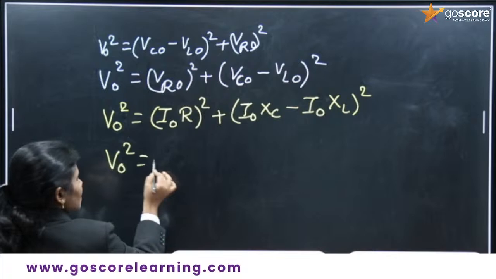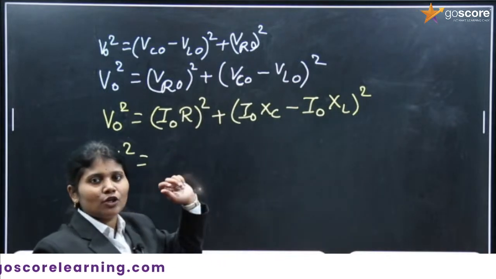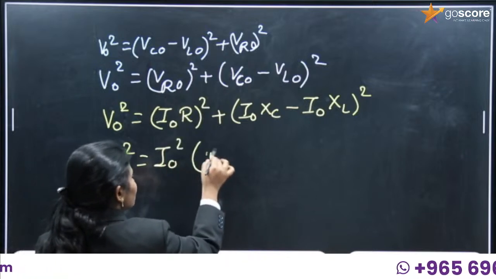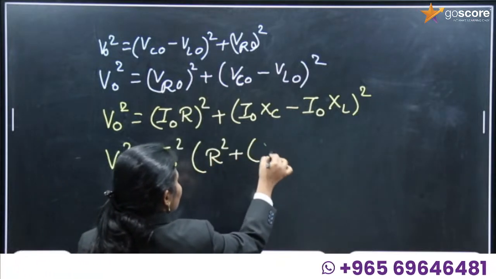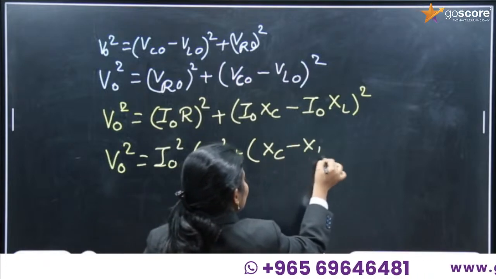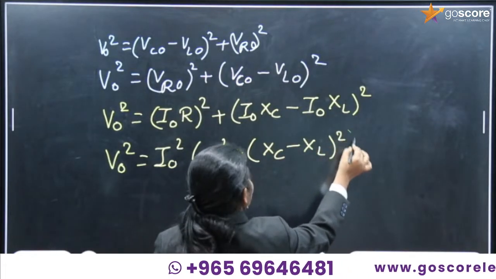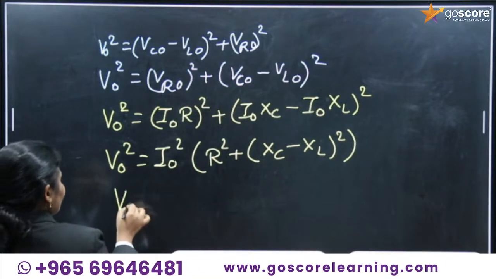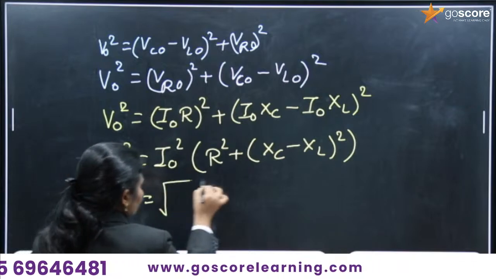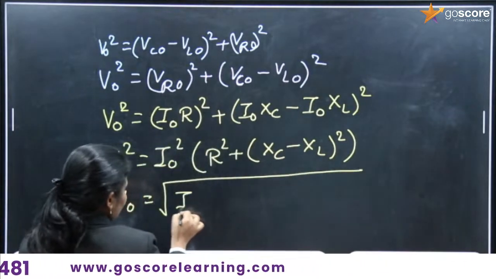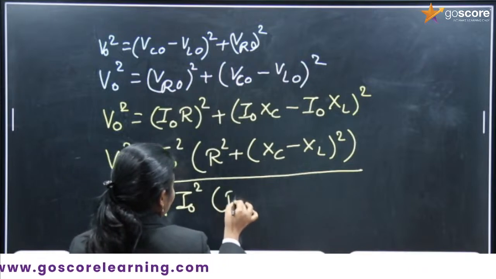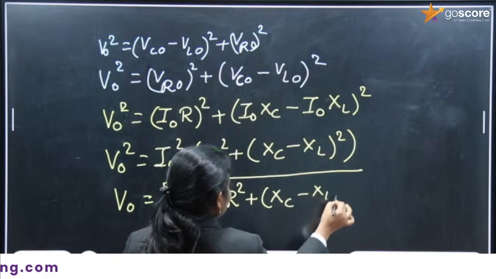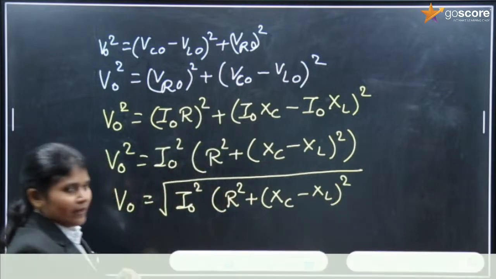In these two terms, I naught is common. Taking the common term, V naught square is equal to I naught square into R square plus XC minus XL whole square. Taking the square root, V naught is equal to root of I naught square, R square plus XC minus XL whole square.